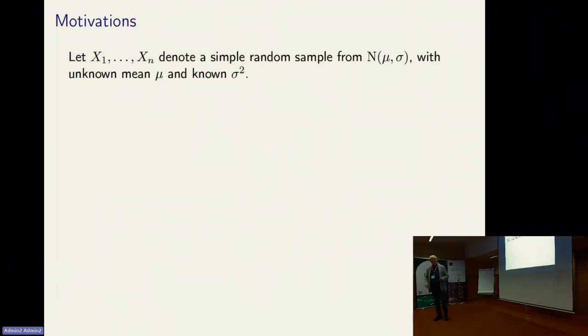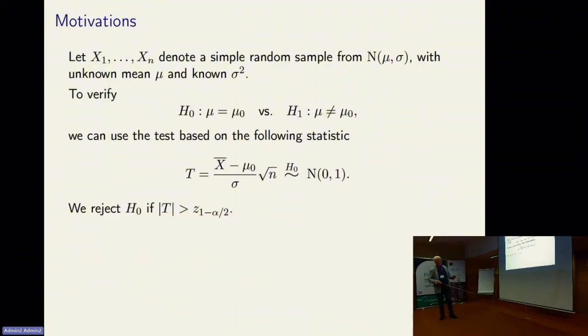Let me recall an example from a basic course on statistics. We have a random sample from a normal distribution with known mean, unknown variance. For example, I am interested in verifying the hypothesis about the mean: the mean is mu0 against it's not mu0. A typical test is to compare the average, which is a good estimator of mu, with a hypothetical mu0.